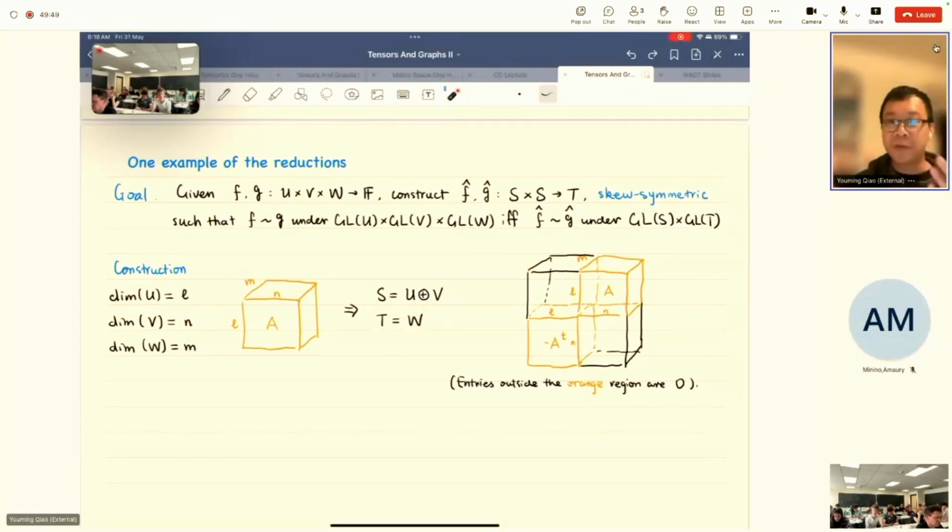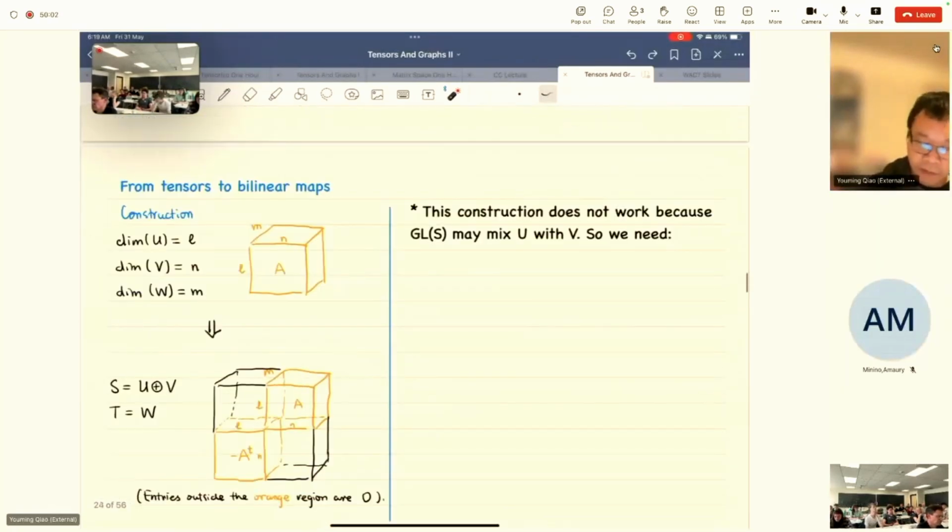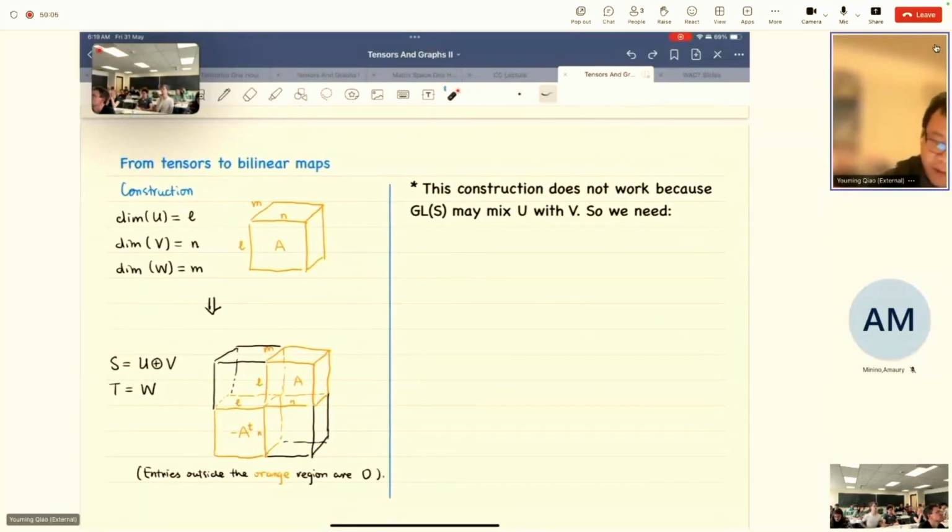Okay, so now you're playing with blocks, and these entries will be 0. So this is a very natural starting point, and we have done this. We start from some block here, and we make an inverse A transpose.